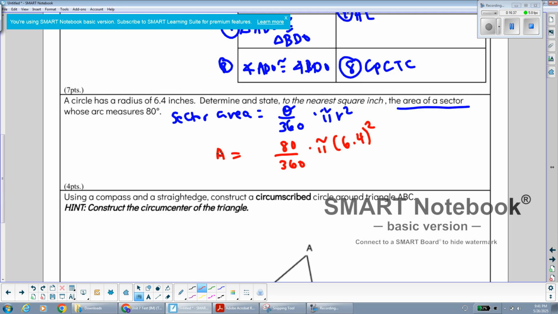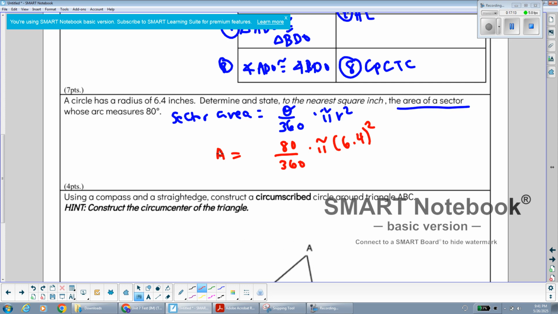So since it does say to round to the nearest square inch, we are going to be putting pi into the calculator. So I'm going to go to my calculator and I'm going to put this whole entire thing into the calculator. Give me a moment. 80 over 360 times pi times 6.4 squared.